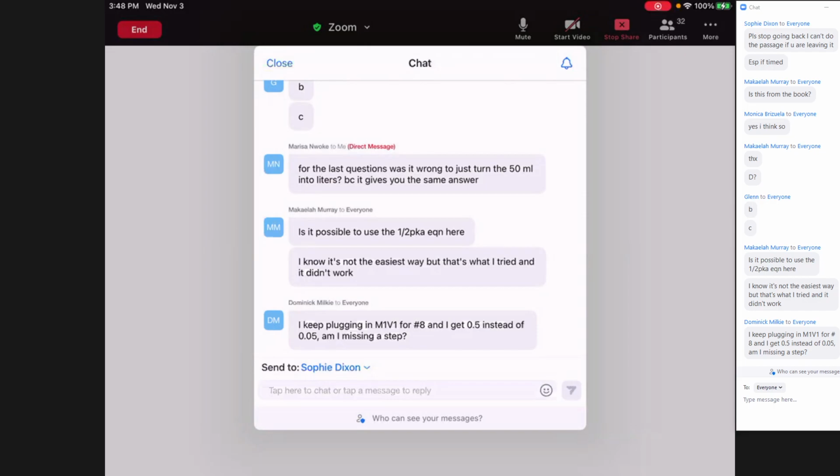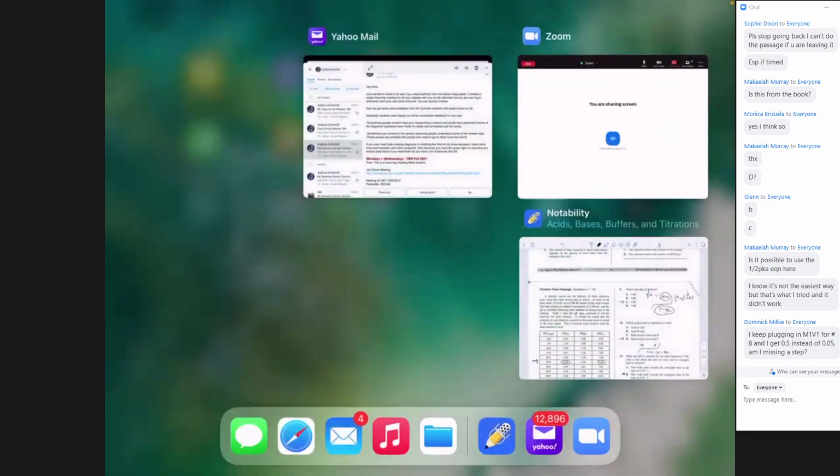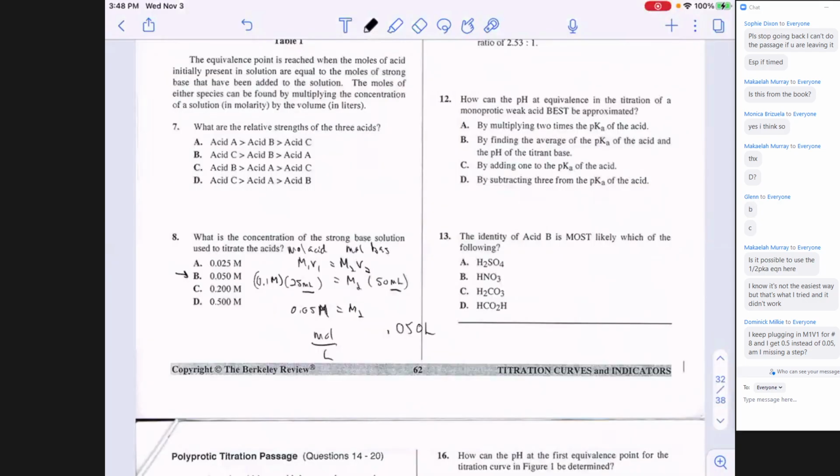Okay, let's go back to M1 V1 is equal to M2 V2, right? So I have 0.1 times 25 mils is equal to M2 times 50 mils, right? And I divide, so I get 1/2. If we do the math, 0.1 molarity times 25 mils over 50 mils, that cancels out.